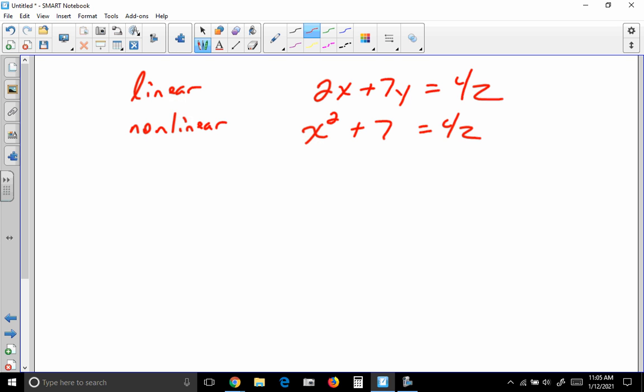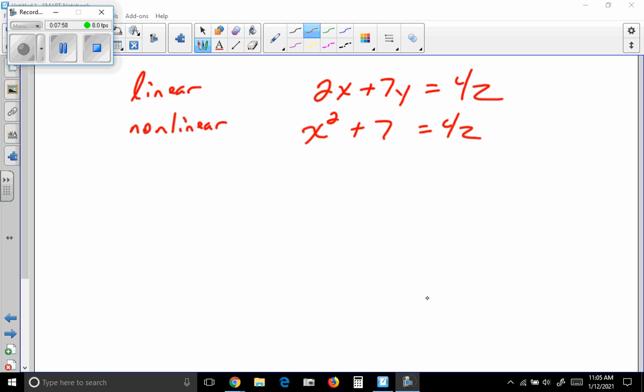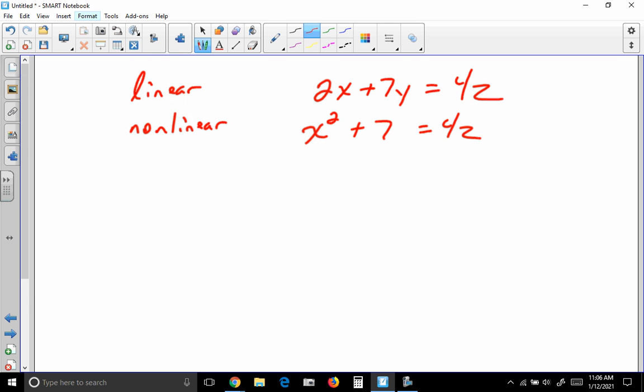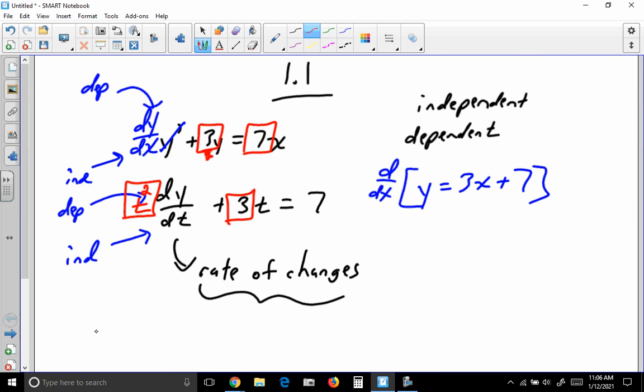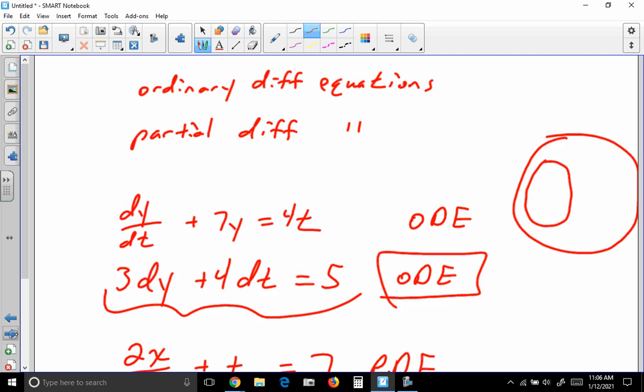Well, a similar convention applies to differential equations. Not exactly the same, but if we look through our book and look at definitions, in order to classify these, we do have to have a good understanding of independent and dependent variables.